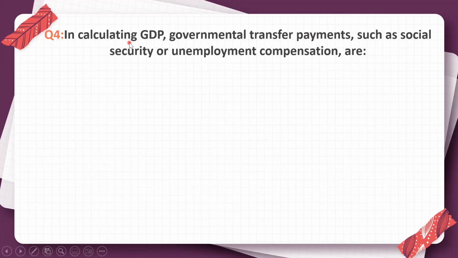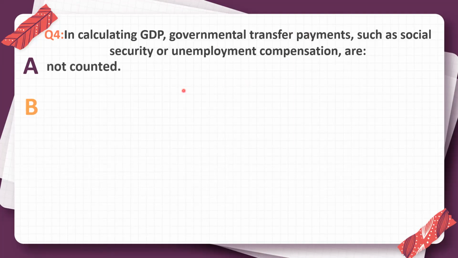We can include the government transfer payments, أو المدفوعات التحويلية, only if we buy goods and services with the social security or with the unemployment compensation. Then we can include it in the GDP. But in general, we can't include governmental transfer payments in calculating GDP.